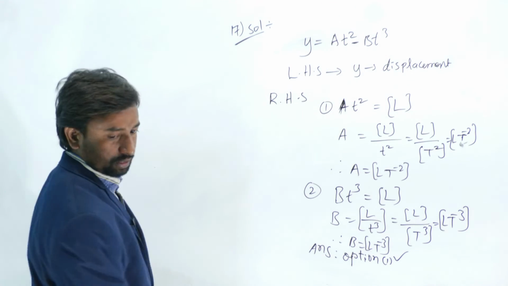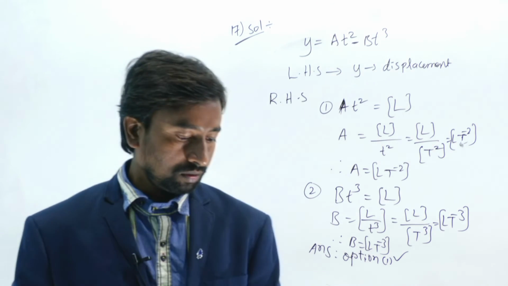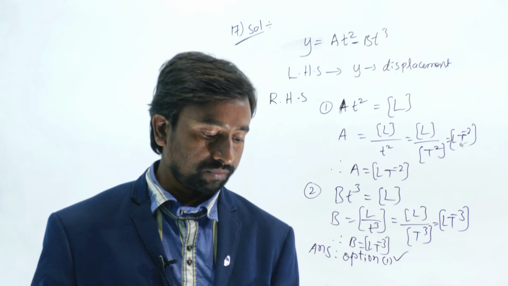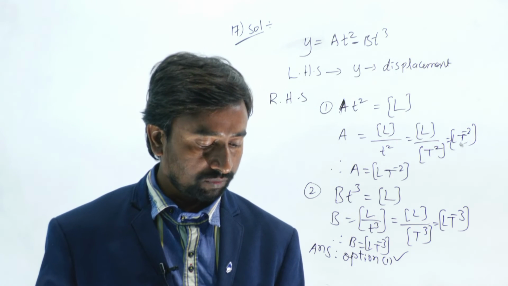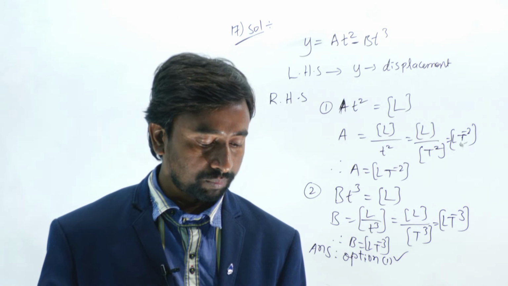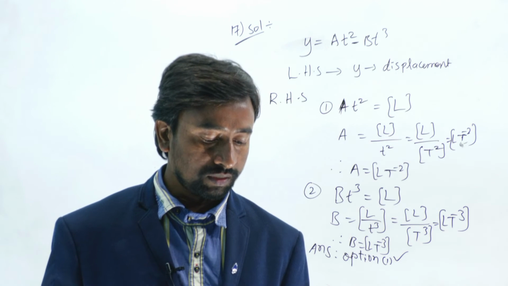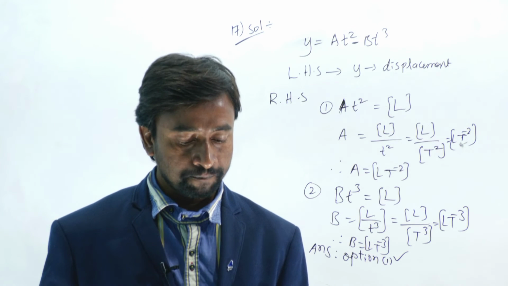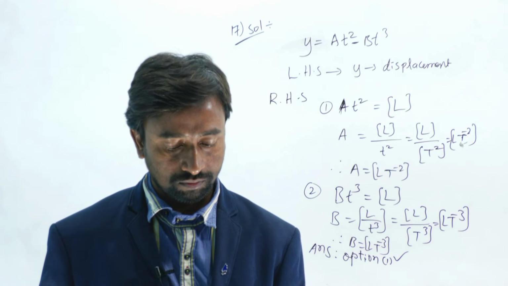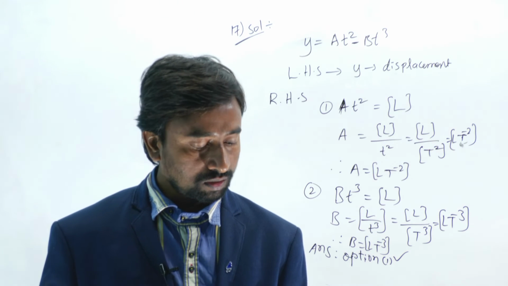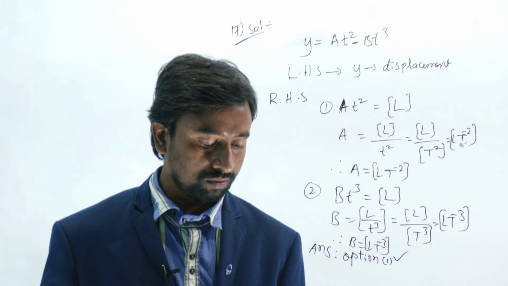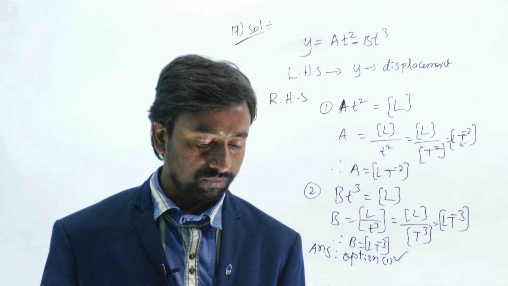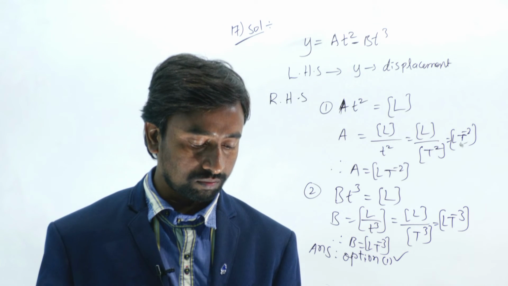So the 18th question we will see now. For the equation F is directly proportional to capital A power small a, capital V power small b, and capital D power small c, where F is the force, A is the area, V is the velocity, and D is the density, the dimension formula gives the following powers of length values.